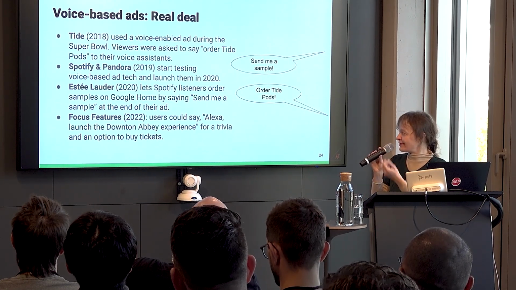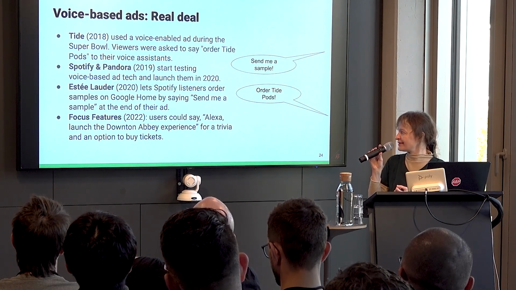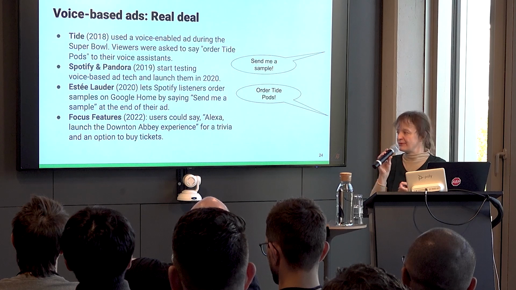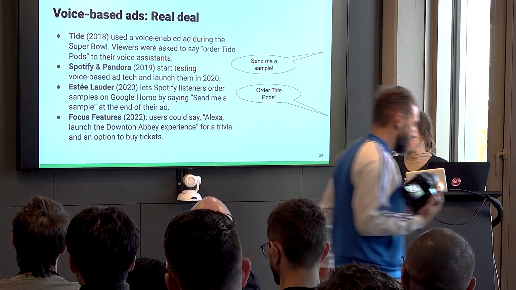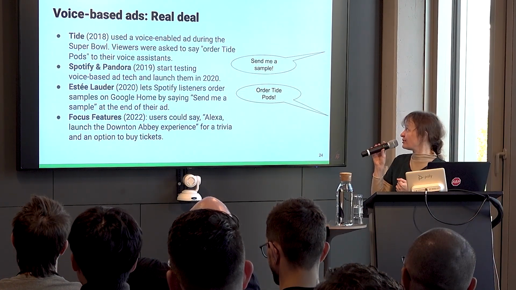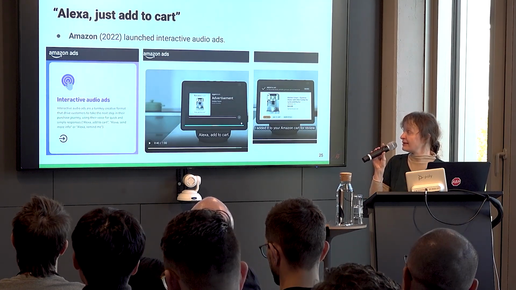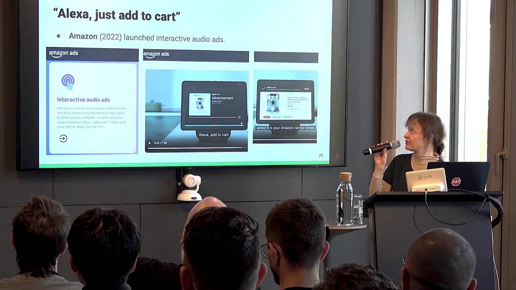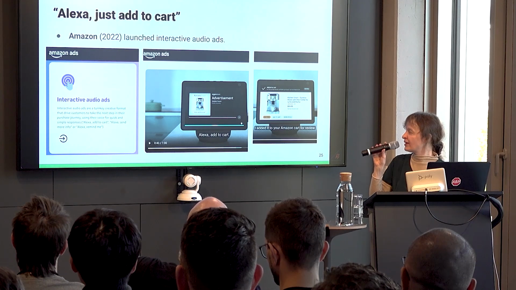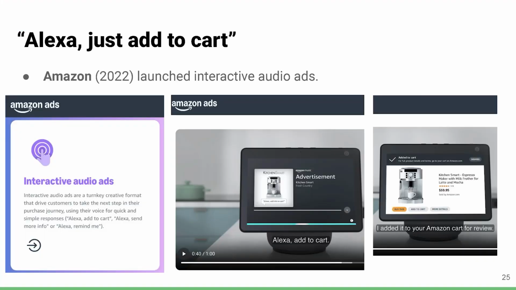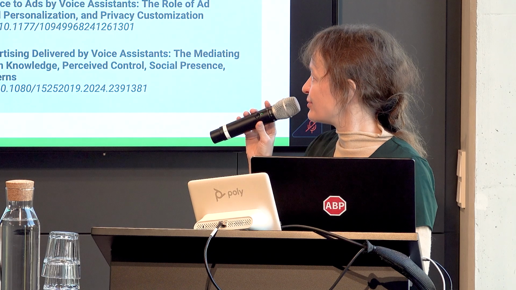And the latest one, Alexa launched the Downton Abbey experience, and as part of entertainment, users have an option to buy tickets. And in 2022, Amazon launched interactive audio ads. So you listen to the ad and say, Alexa, add to cart, or Alexa, remind me, and it will be put into your cart.